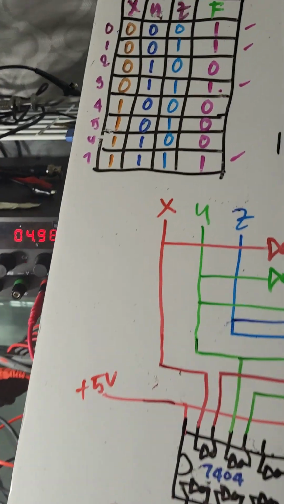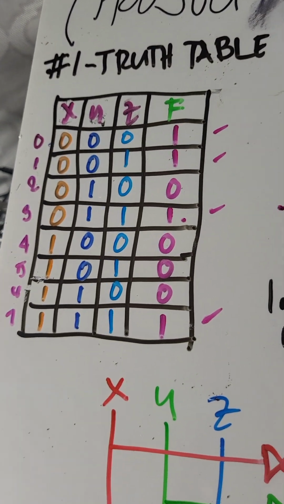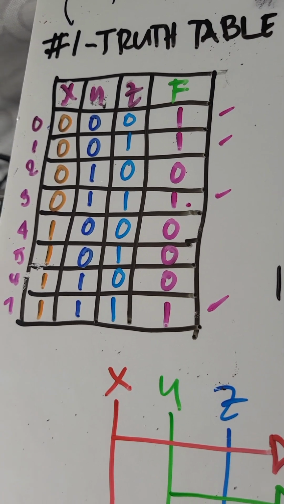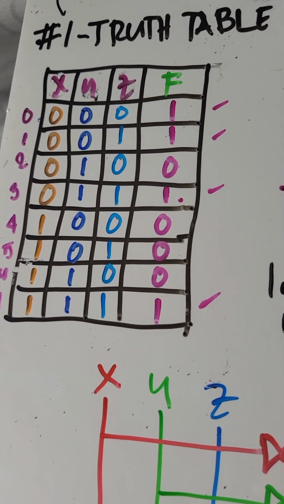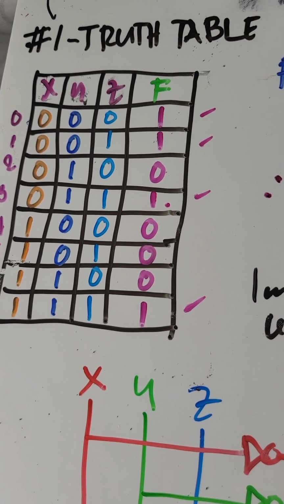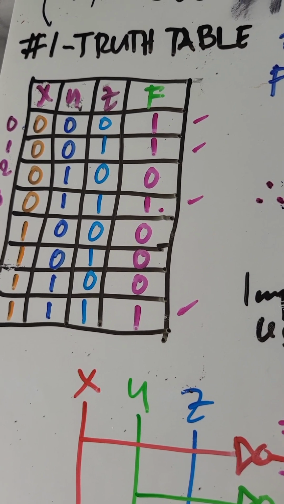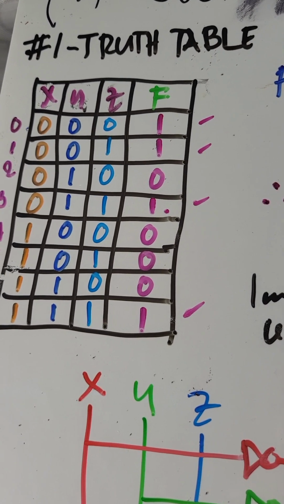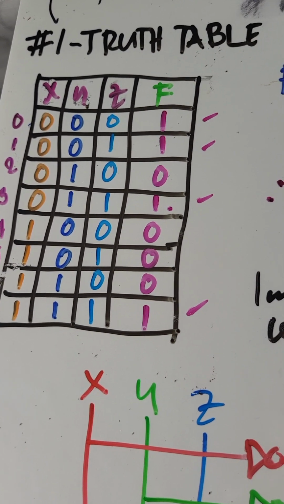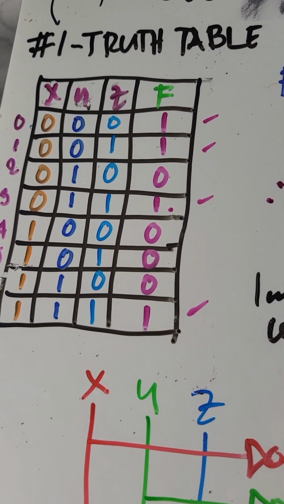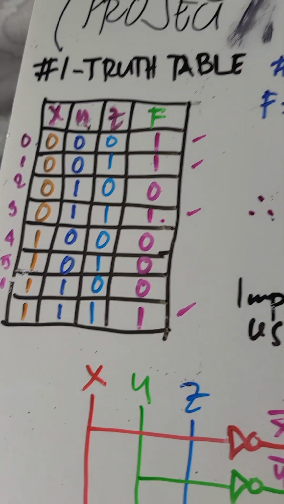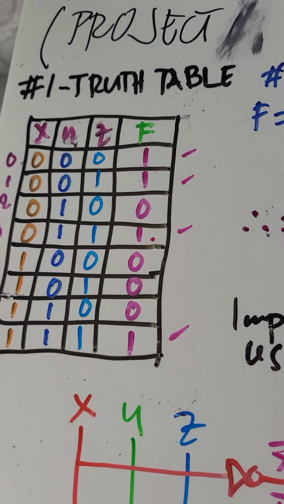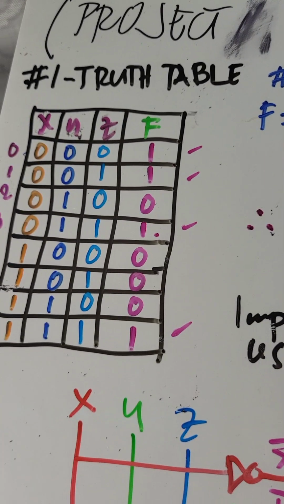Again, I just want to emphasize that the good thing in digital electronics, or digital design, is you can create your own desired circuit output. Everything you have in your mind, you can implement using logic gates.